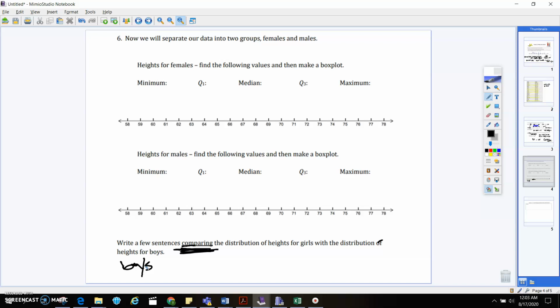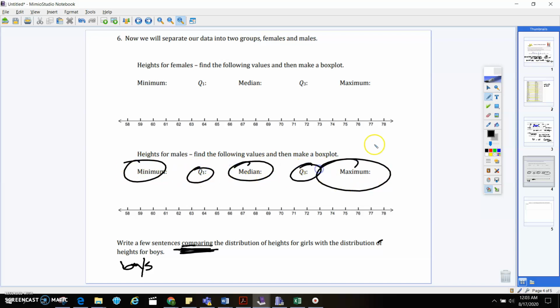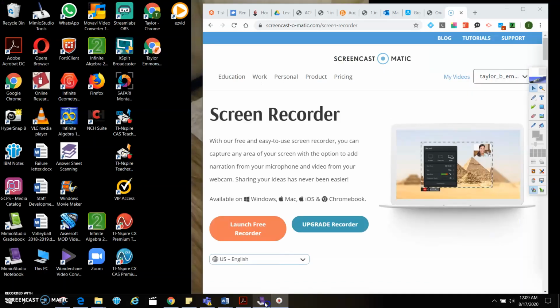You have to use specific terminology in order to compare the distributions. You really want to hit all of these different talking points. For example, the maximum was slightly bigger than the other one, or it was bigger by 2 inches. Whatever you want to compare is fine, but you have to use complete sentences. Otherwise, you're not comparing completely.